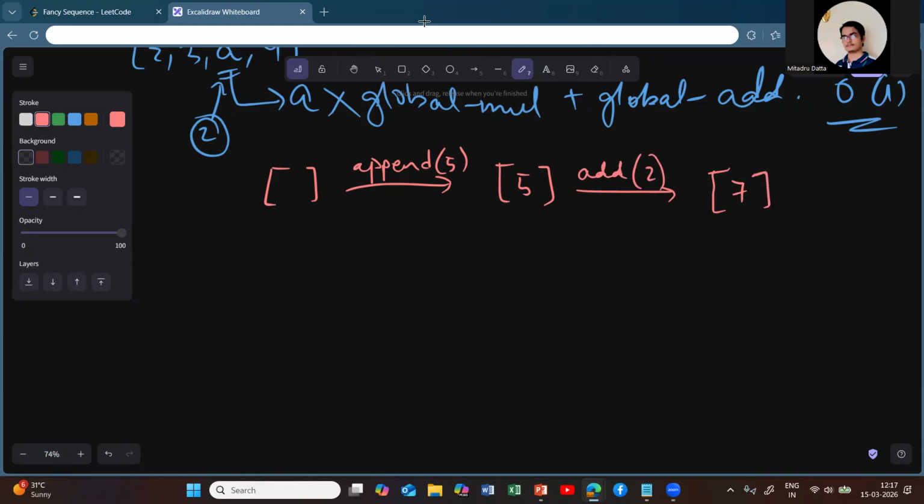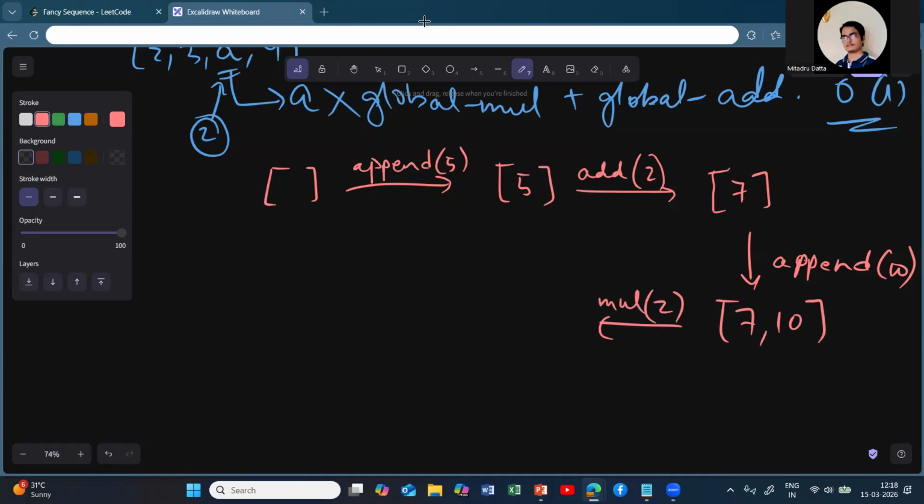Now let's say you have append of 10, so you have 7 comma 10 in it. Now let's say you multiply all by 2, so you need to multiply everything by 2, right? So you will have 14 and you will have 20 in it.